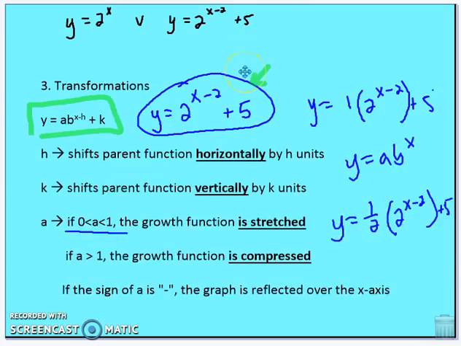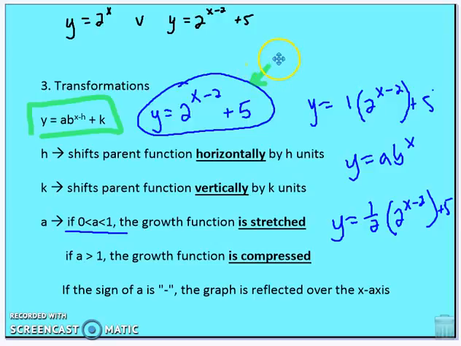All right, so let's talk about transformed exponential growth and decay functions. I know there's a lot going on here. We'll start out with the parent function of a transformed growth and decay function, which we're going to write as y = a times b^(x - h) + k, where h represents the shift of the parent function horizontally by h units. You have to be careful again.